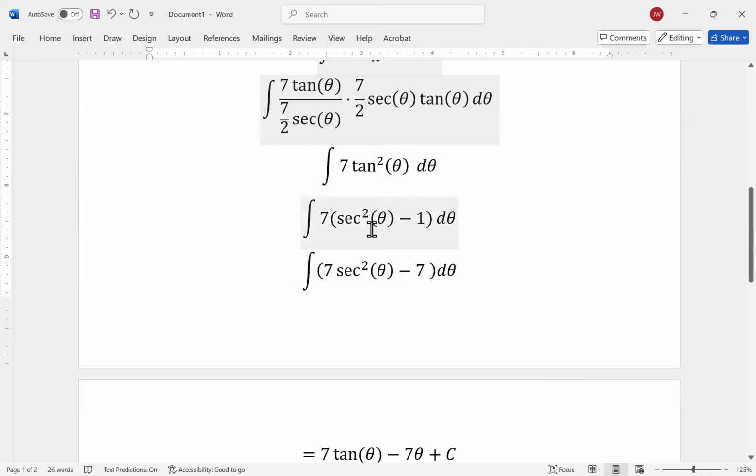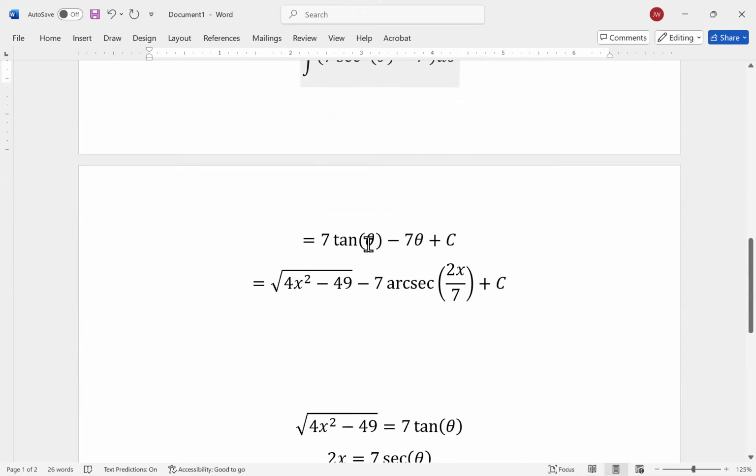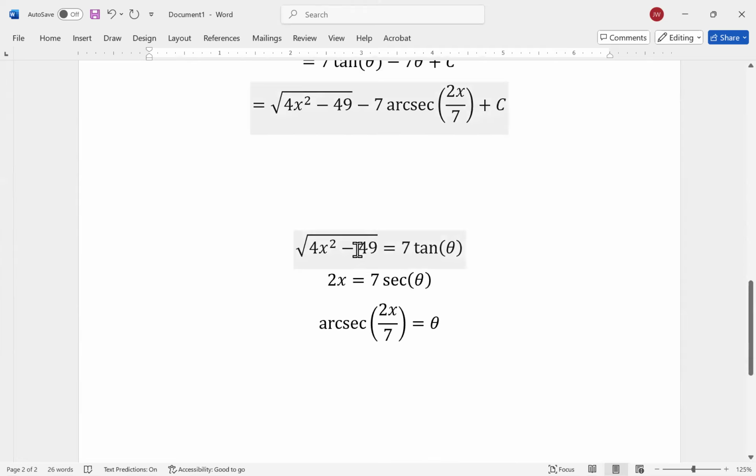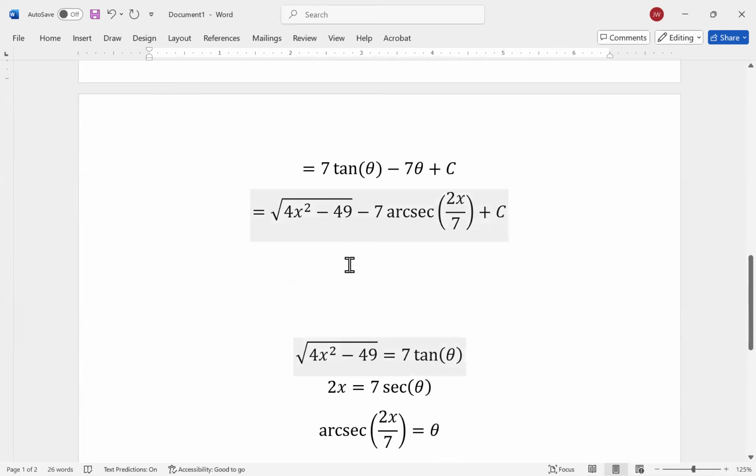I know the antiderivative of secant squared, but usually we don't know the antiderivative of tangent squared. So use the Pythagorean identity there. That might be hard to see if you've never seen it before, but now that you've seen it, I'm sure you can get it from here on out.